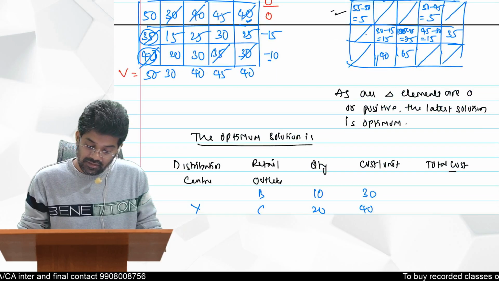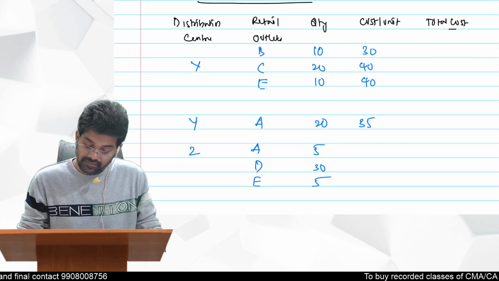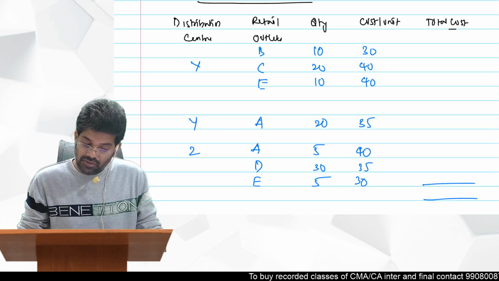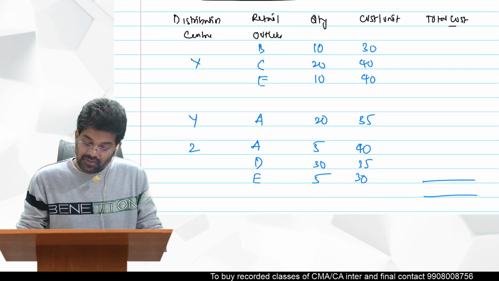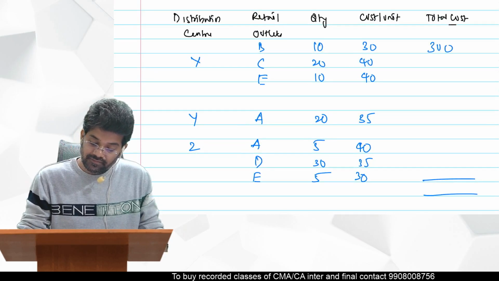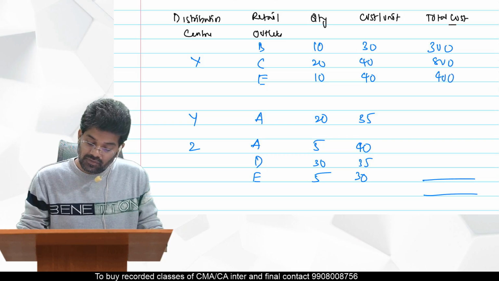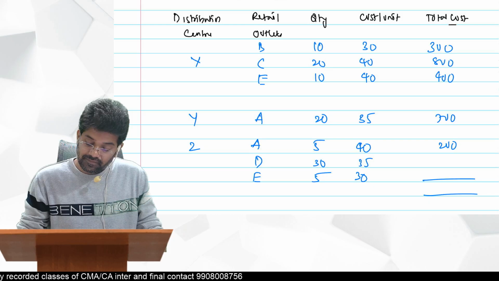40, 35, 30. So this, if you calculate, if you multiply quantity into cost per unit, 10 into 3, 300, 800, 400. This one is 700, 200.